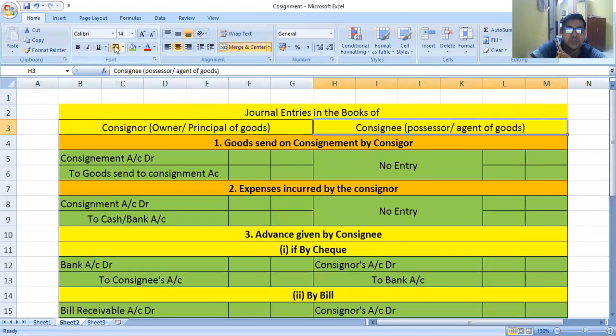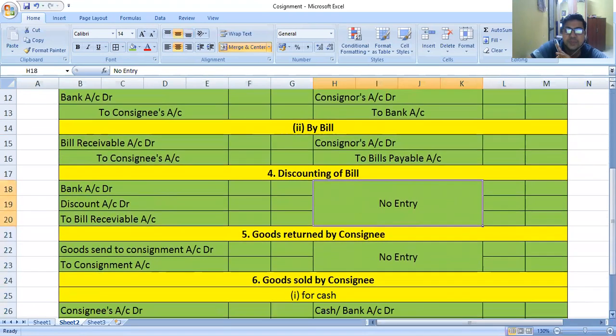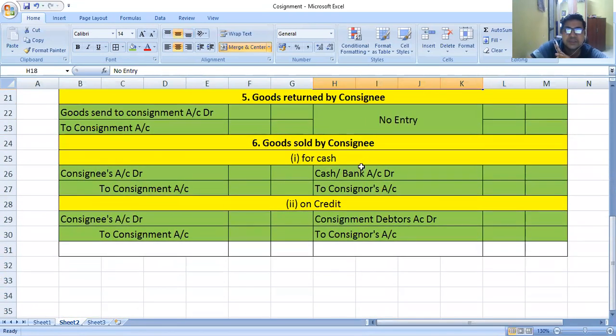These entries belong to the books of consignor, and likewise for the books of consignee. How many entries should you write here? One, two, then in the third again two, four, then five, six, seven, eight.